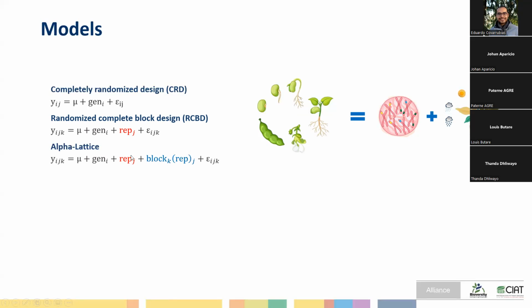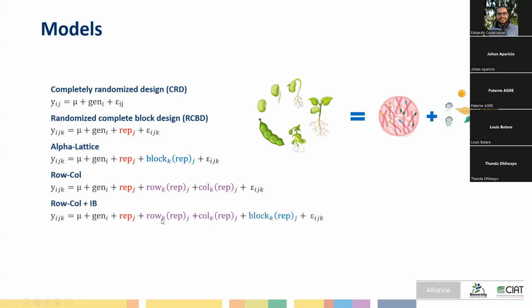In an alpha lattice design, now we have rep and also incomplete block, the error, and the row and column information. In this case, the row and column are nested in the reps. And we can start combining things. For example, what if I put the block effect in the row-column model?